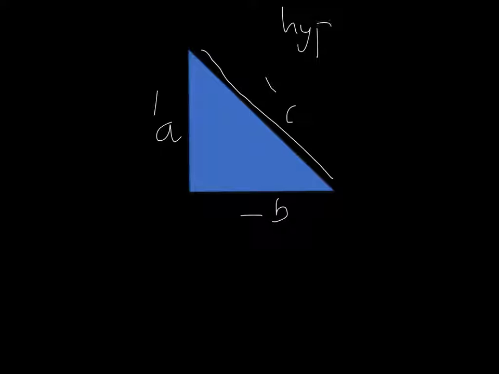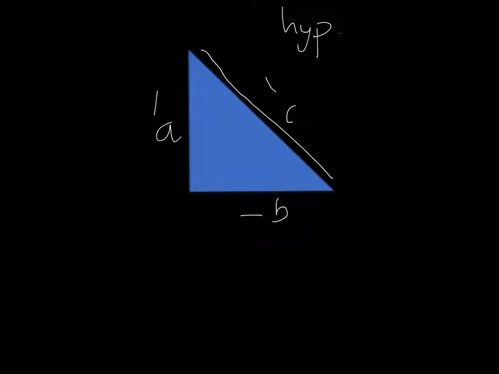So the Pythagorean theorem states that the square of the two shorter sides is equal to the square of the longest side. So if we label the triangle A, B, and C, C is the longest side, which is called the hypotenuse.